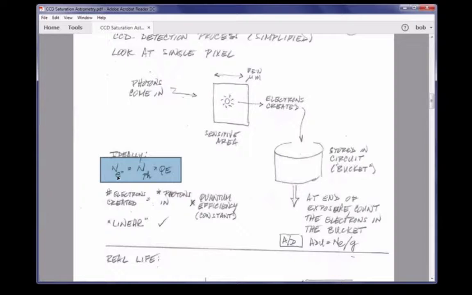So if I have 100 photons come in and my quantum efficiency is 30%, I'd end up with 30 electrons in the bucket. And the key thing about that is that it's a linear equation. If I double the number of photons coming in, I've doubled the number of electrons collected. And that's really what we mean when we say these sensors are linear sensors.